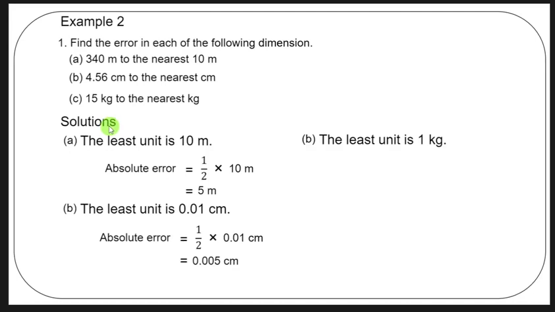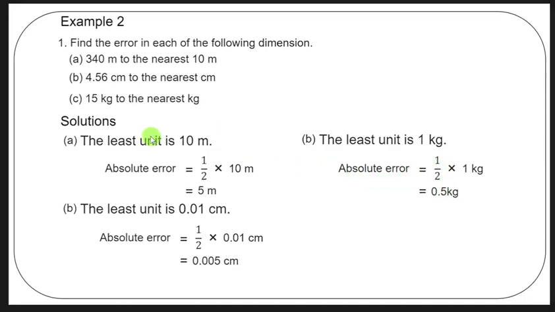So meaning the difference between the units is 1 kg, meaning that would be the least unit of an instrument measuring this 15 kg. So being 1 kg as the least unit, then the absolute error would be equal to half of 1 kilogram, which would be 0.5 kilogram as the absolute error.